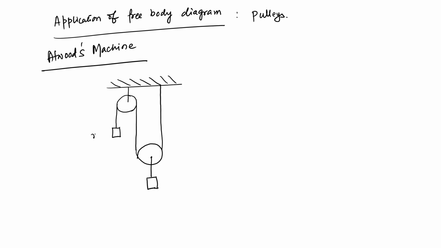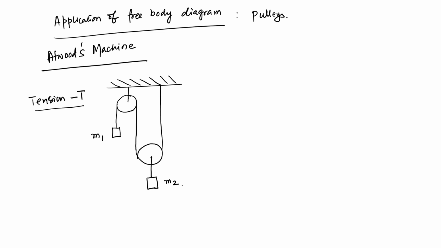Let me draw these masses. This is mass m1 and this is mass m2, and each tension is T. It is basically the same string, so it has to have a tension T. In order to analyze this problem, we have to know the accelerations of masses m1 and m2 and their relations.